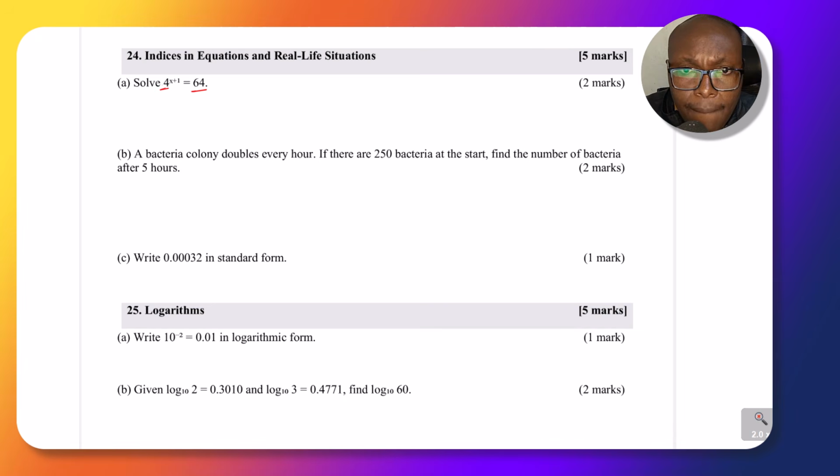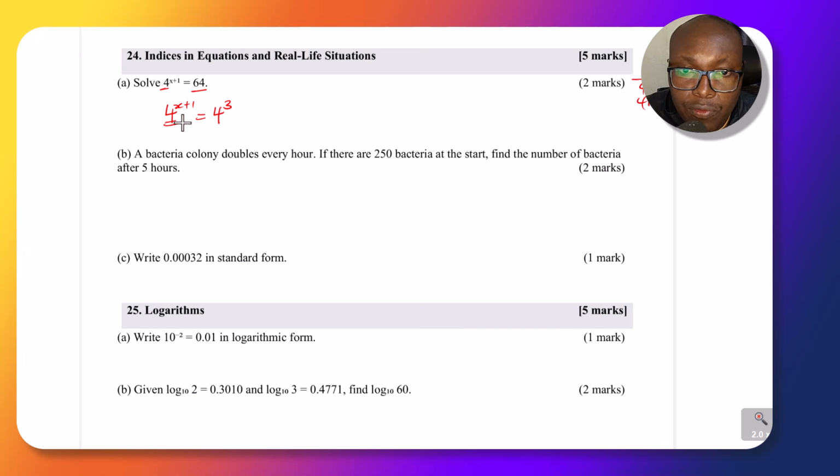Of course, yes. You have 4 to the power x plus 1, then you can write 64 in power form to the base of 4. So 64, you divide this by 4, you get 16, then 16 divided by 4, you get 4, then 4 divided by 4, you get 1. So 64 written in power form with the base of 4 will be 4 cubed.